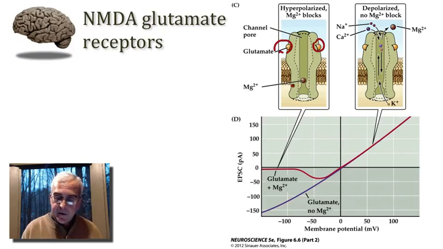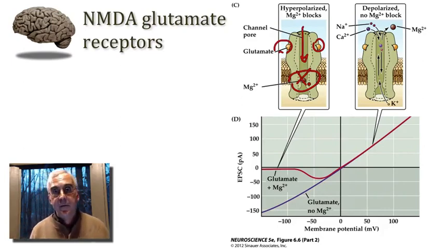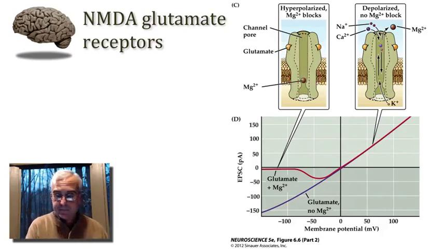In particular, there is a site deep within the pore of this channel where magnesium ions can aggregate. And this is a problem for the conductance of the channel, because even if the pore of the channel is opened by the binding of glutamate with the coagonist glycine, current is not going to flow through this channel if magnesium is present. Magnesium essentially blocks the flow of current through the channel.